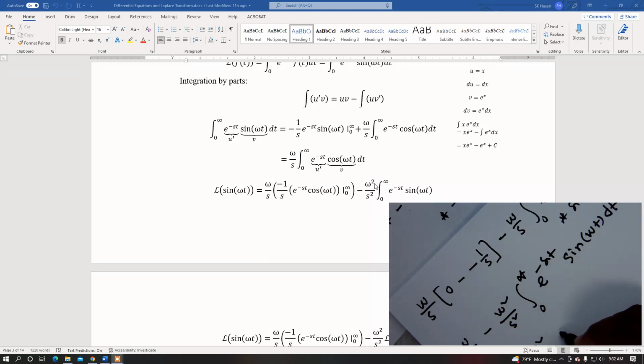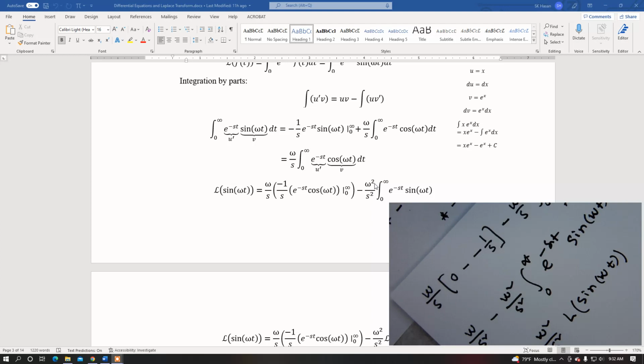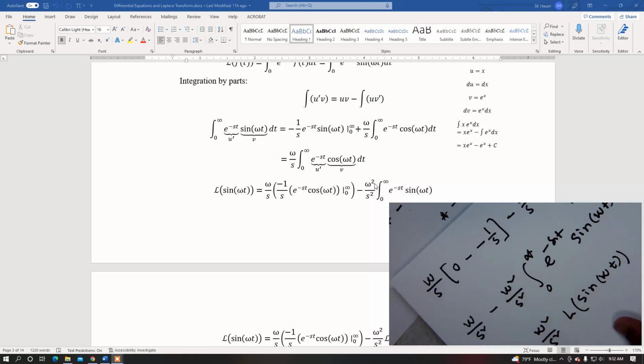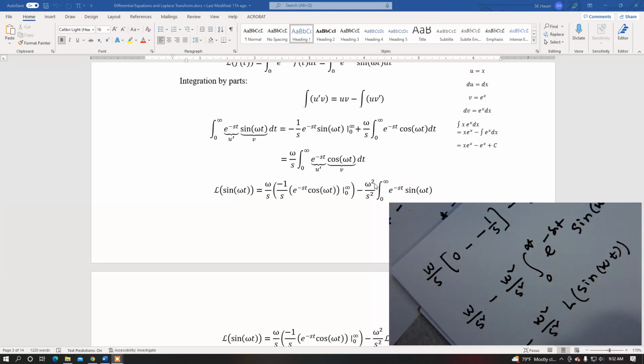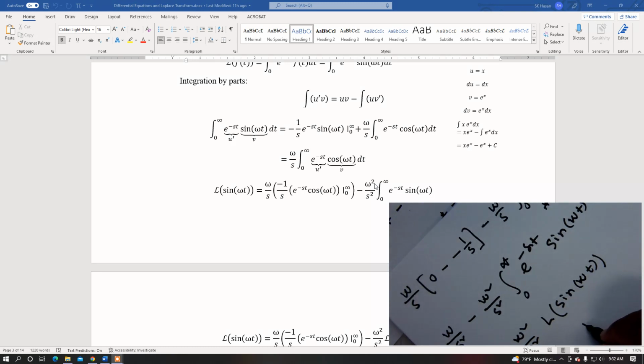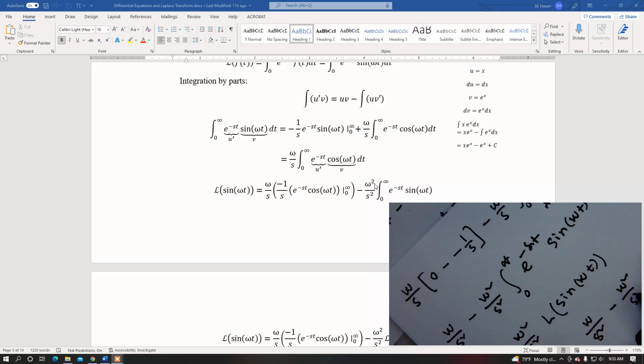So we can write this as the Laplace transformation of sine omega t, because this was the definition of the Laplace transformation. We started from the Laplace transformation of sine omega t and we got that it equals omega over s square minus omega square over s square times the Laplace transformation of sine omega t.